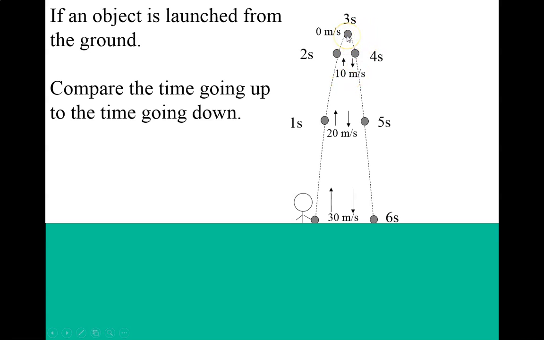So it would have taken 3 seconds to reach the top and another 3 seconds to fall back down. So make a mental note of that. You need to know that. So velocity at the top is 0, and the total time in the air is twice the time to go up and twice the time to go down.